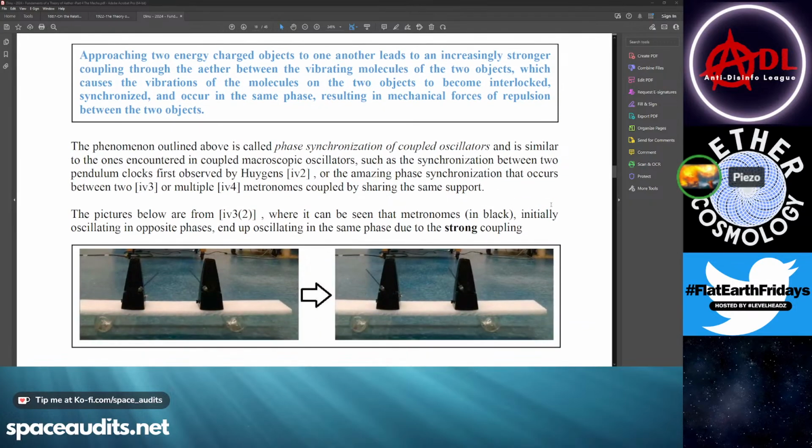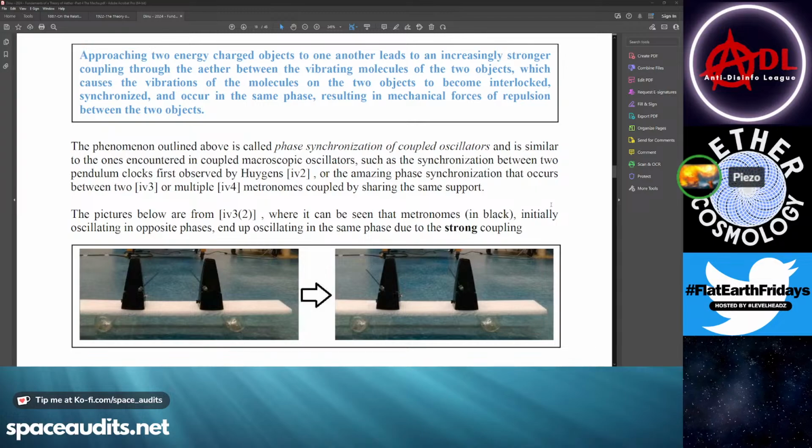Approaching two energy-charged objects to one another leads to an increasingly stronger coupling through the ether between the vibrating molecules of the two objects, which causes the vibrations of the molecules on the two objects to become interlocked, synchronized, and occur in the same phase, resulting in mechanical forces of repulsion between the two objects.